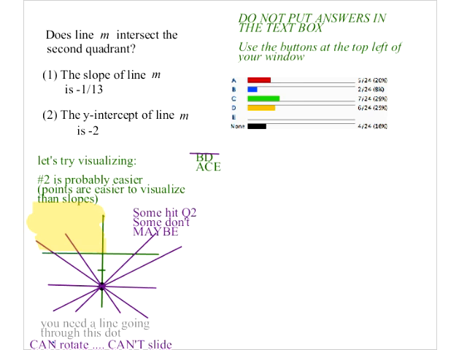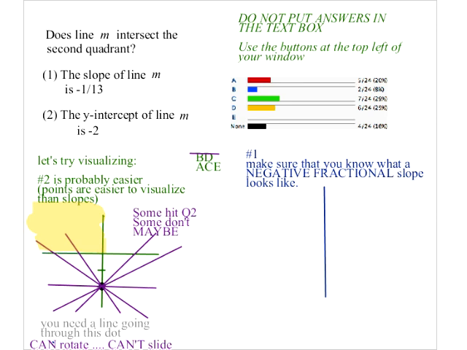Now let's go to statement 1. Statement 1 is a negative fractional slope. So you need to make sure that you know what a negative fractional slope looks like. See if you can describe it in the text box.